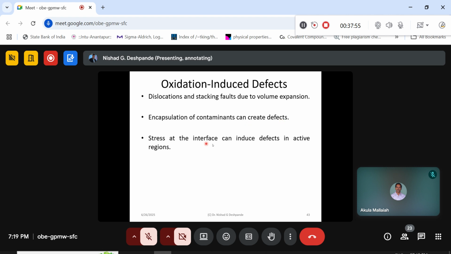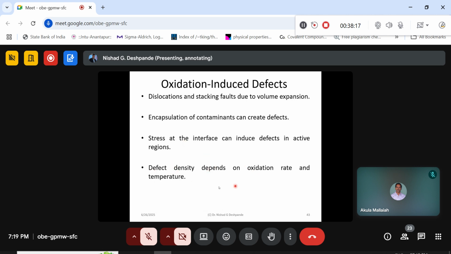We also mentioned that, because of the defects induced at the interface or the surfaces, you can have stress and strain being developed. So one has to remove or have a good control over this particular stress and strain, particularly when we are talking about defect densities.